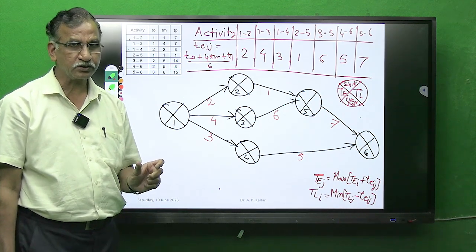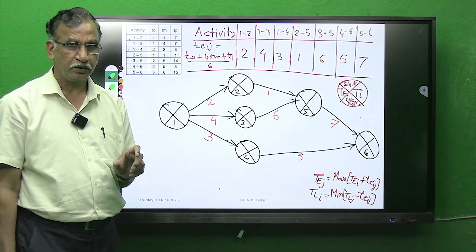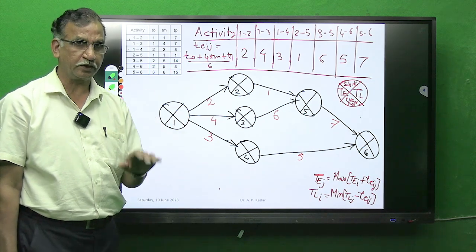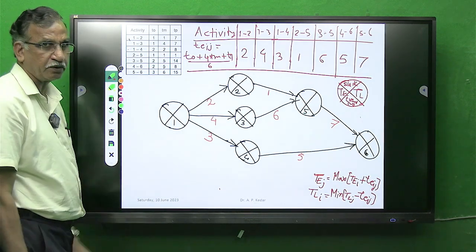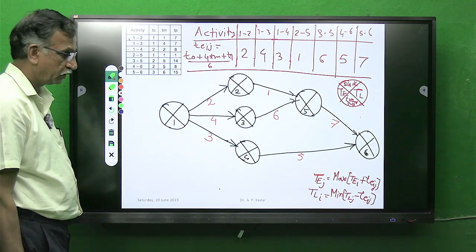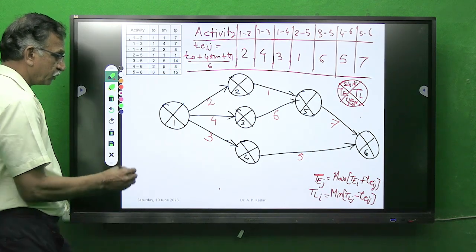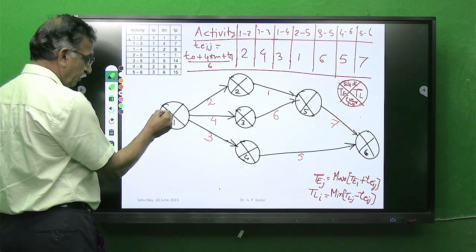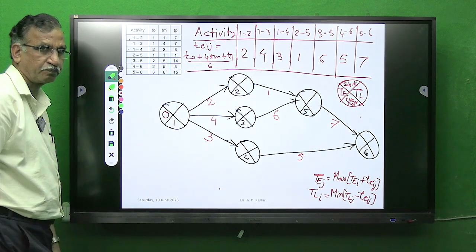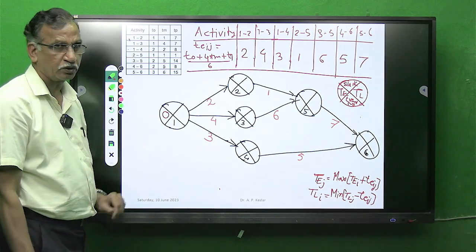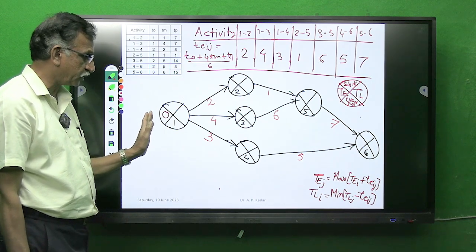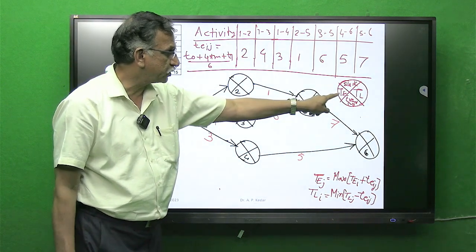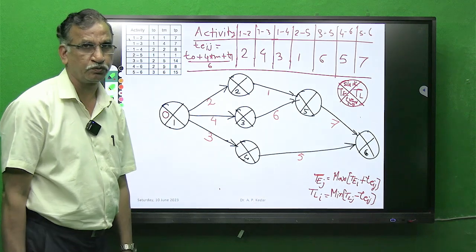TL: L is latest and T is time. So earliest time, latest time. Let's start. This is the beginning event, event number 1. The earliest start for this event will definitely be 0 time. So always put 0 in this left-hand corner location where we mention TE.